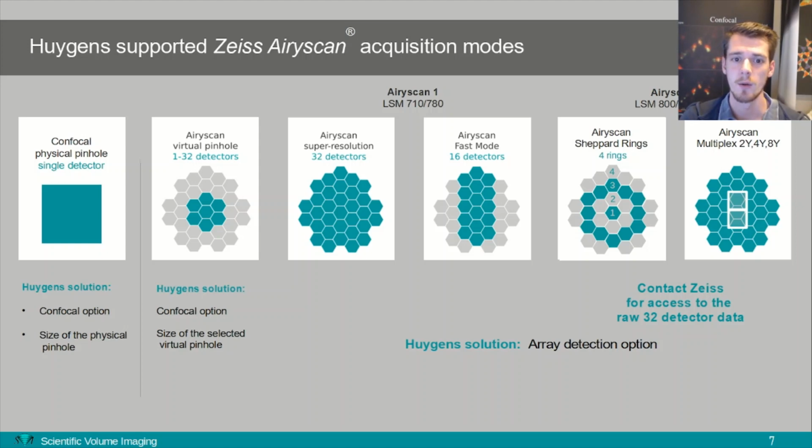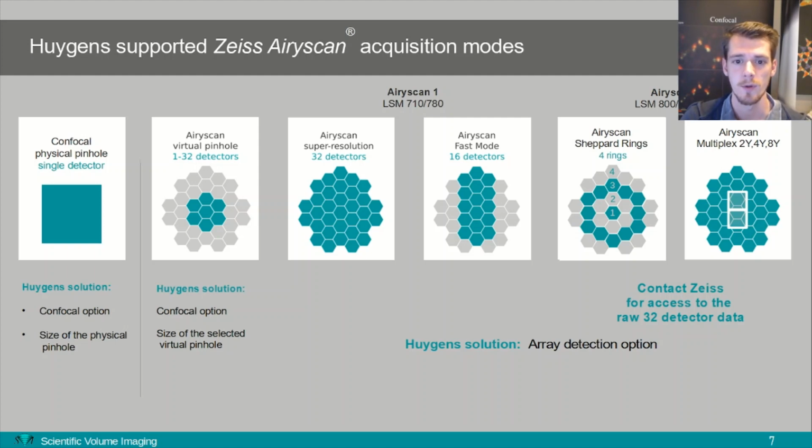And later, with the arrival of the Airyscan 2, a new way to save these large files was introduced. This was done by saving the images in Sheppard summed rings. Here, the individual detectors are already shifted back to align with the central detector, and they are summed per ring.